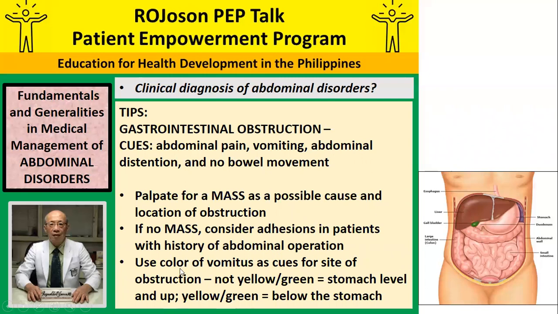And then one can also use the color of the vomitus as cues for site of obstruction. Okay. So if the vomitus is not yellow or green, usually the obstruction is at the level of the stomach and upper part. If the vomitus is yellow or green, then it's below the stomach.